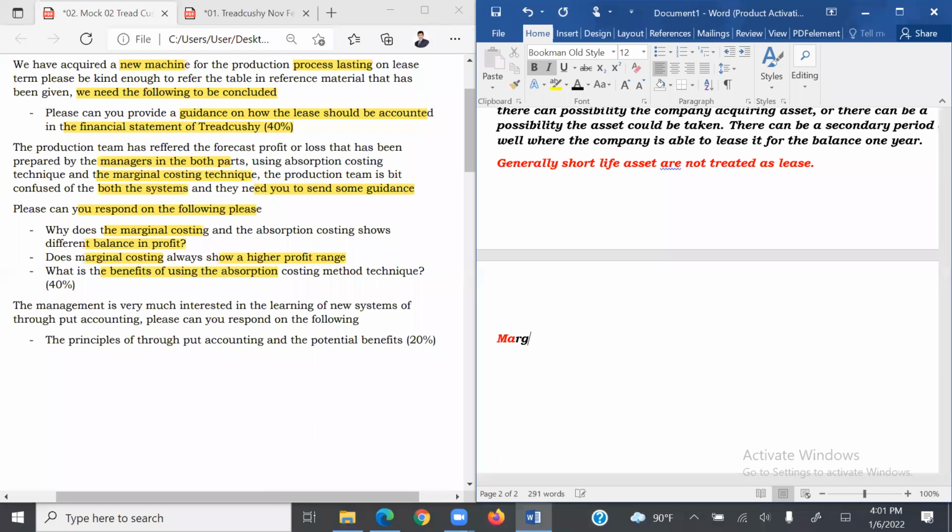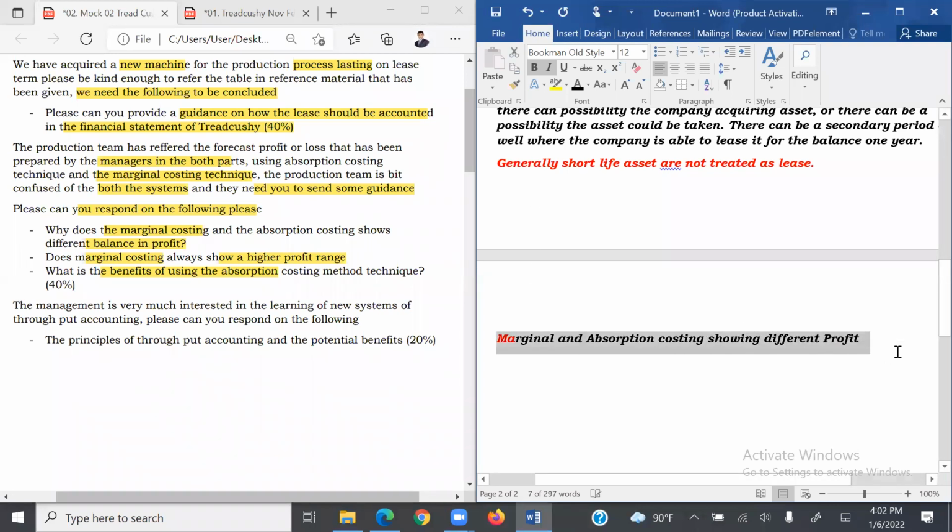Marginal costing and absorption costing showing different profit. That is the first question that everyone needs to understand: marginal costing and absorption costing showing different ranges of profit.